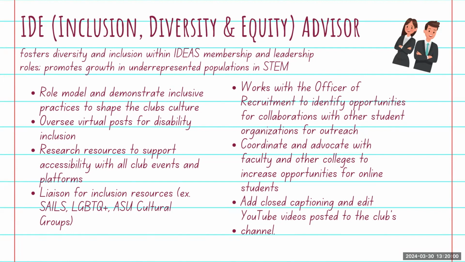For this position, you'll also work with the Officer of Recruitment to look for collaboration opportunities with other student organizations and, for example, new member orientations. And also advocating for online student opportunities with faculty, for example, is another part of this role. And practically, you'll be adding closed captioning and editing YouTube videos for our club's channel. So the content is accessible to everyone.